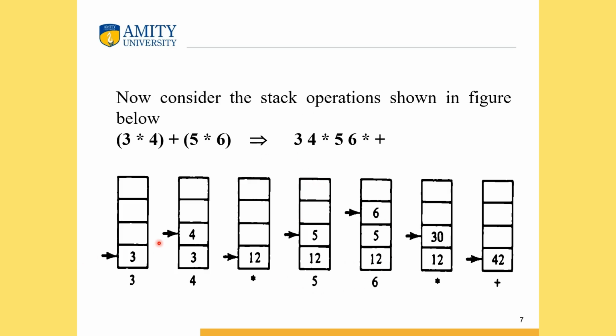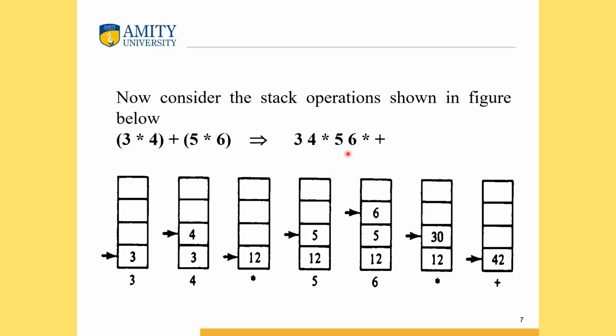When we have 3 and 4, first we push 3 and then we push 4, so the stack pointer points to 4. Once we come across the multiplication, we multiply and get the product of 3 and 4, which is 12, and then we push that onto the stack. At the next step we encounter 5, which is pushed into the stack.